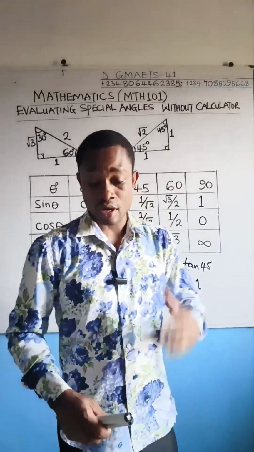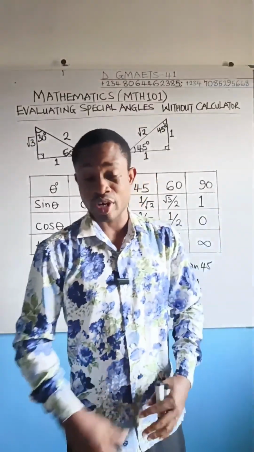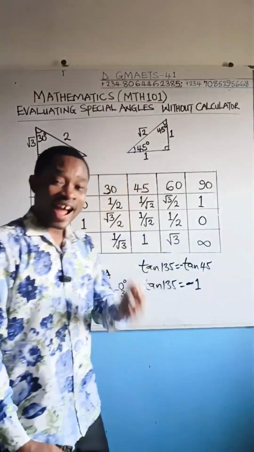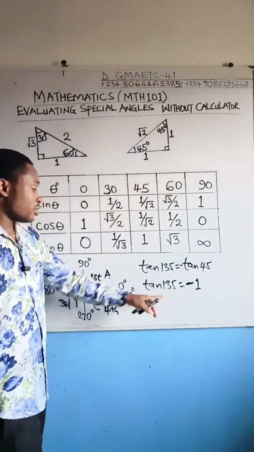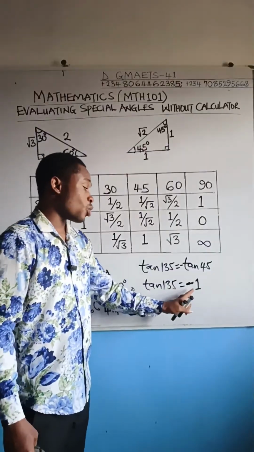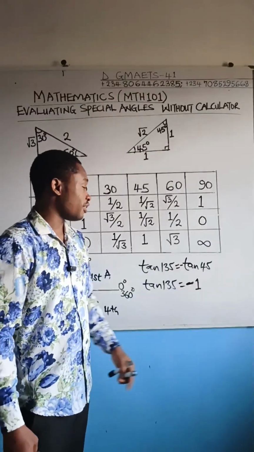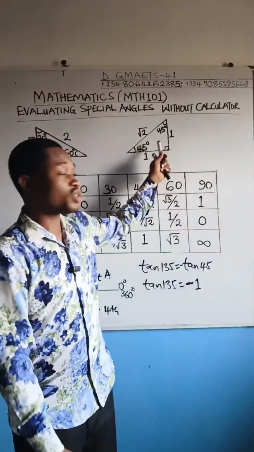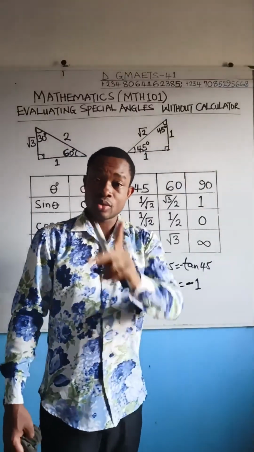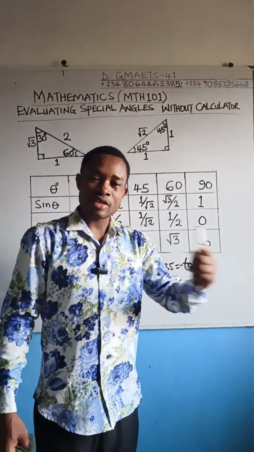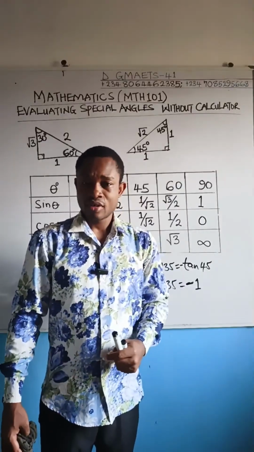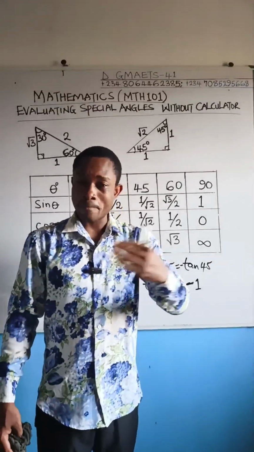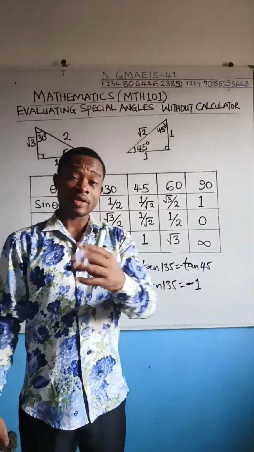Remember, I stated I was going to take it down to 360 and then add a little bonus. So we had already explained that tan 135 is equal to minus tan 45, and tan 45 using this right angle triangle is 1. So minus tan 45 is going to give us minus 1.